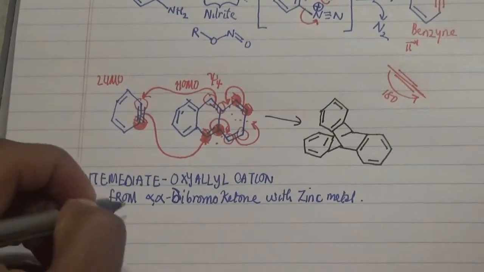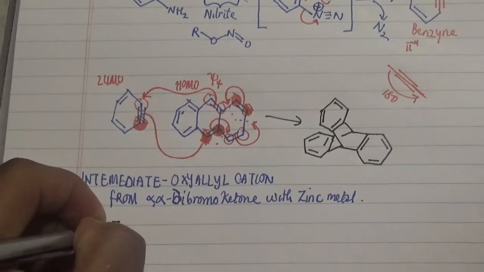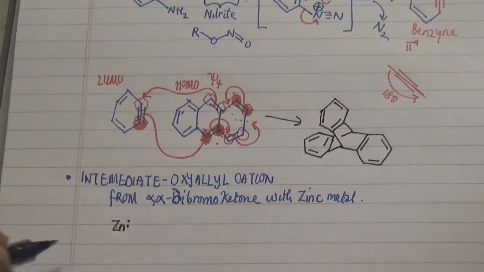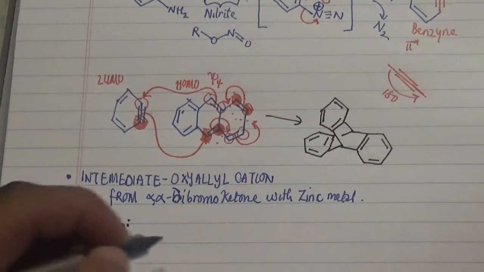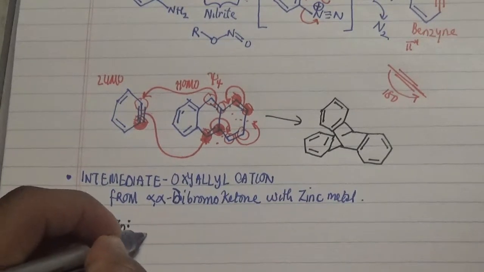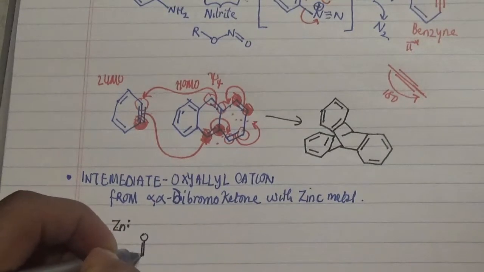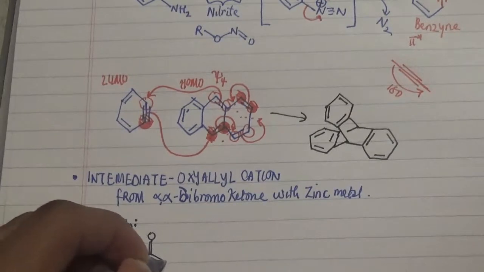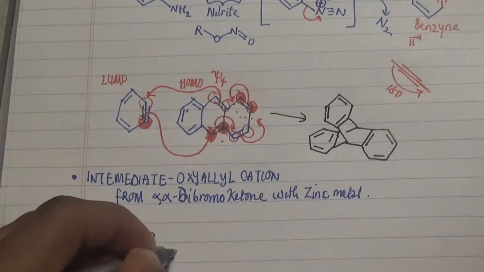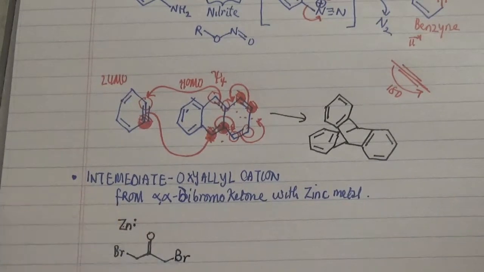The first step is the introduction of a zinc metal with 2 electrons in its valence shell, which donates electrons to the oxygen region of the symmetric molecule, the alpha-alpha dibromoketone.